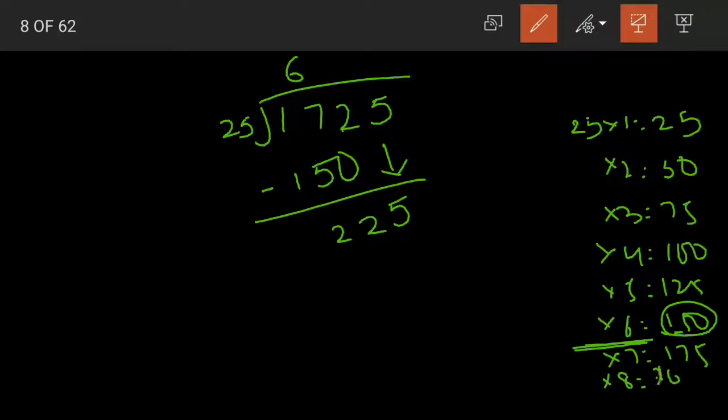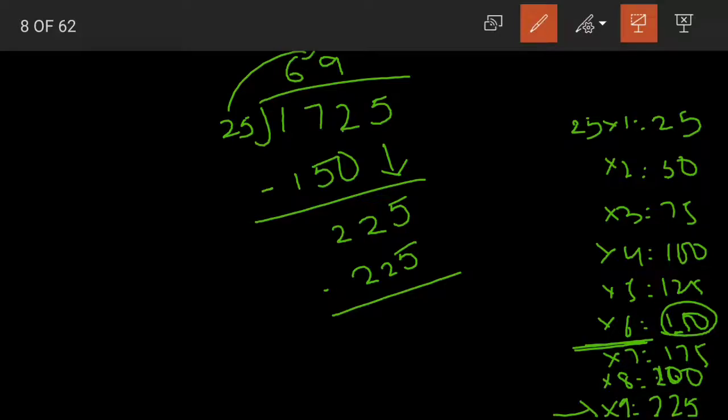Here we have 25 8s are 200 and 25 9s are 225. We are having the exact number here. So 25 9s are 225, 9 becomes our quotient, 225 written here. Again we need to subtract them. Yes, 225 minus 225, 0 will be our remainder.